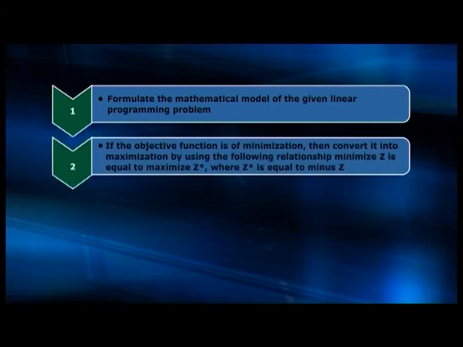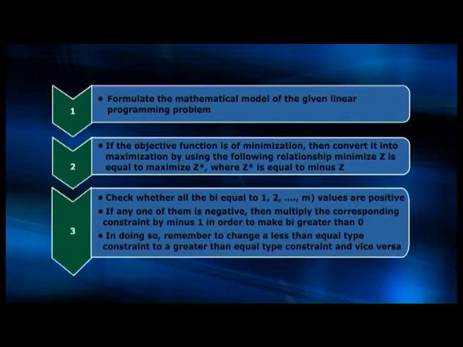If the objective function is of minimization, then convert it into maximization by using the following relationship. Minimize z is equal to maximize z*, where z* is equal to minus z. Check whether all the bi, for i equal to 1, 2, up to m, are positive.